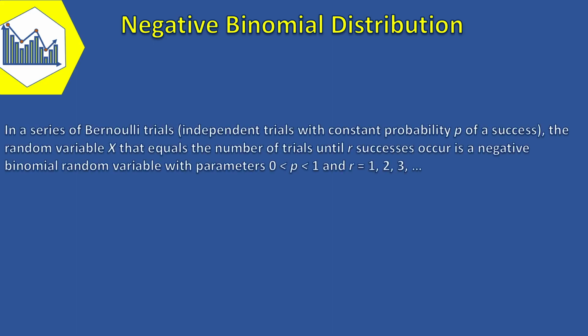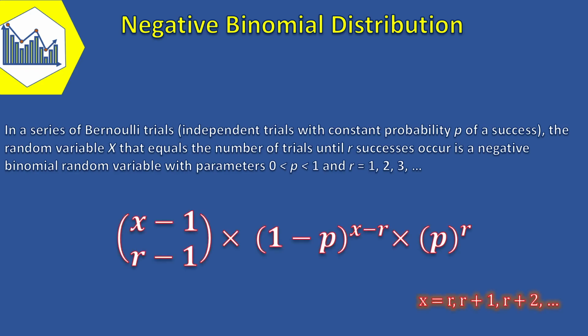In a series of Bernoulli trials, the random variable x that equals the number of trials until r successes occur is a negative binomial random variable with parameters p, between 0 and 1, and r, and its probability mass function equals x minus 1 choose r minus 1 times 1 minus p to the power of x minus r times p to the power of r.